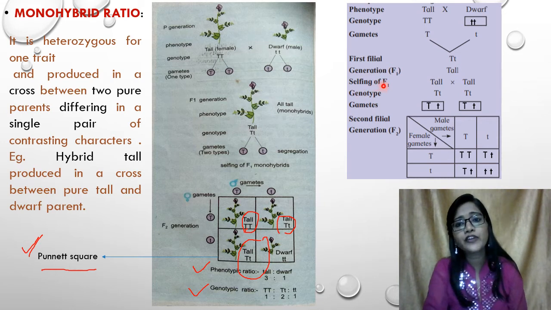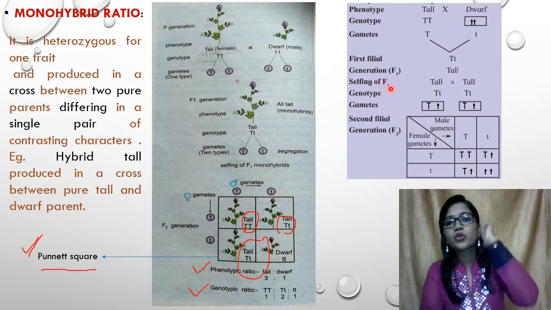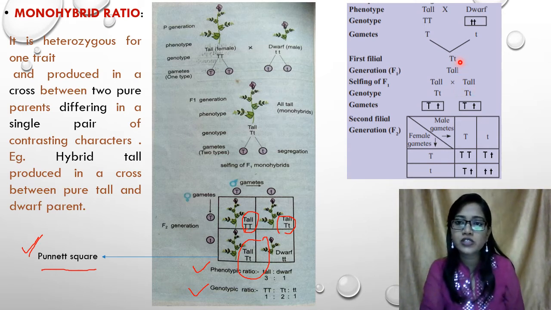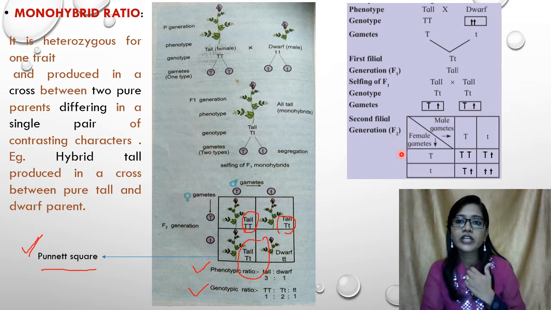So for selfing of the F1 generation to get the F2 generation, tall is crossed with tall, self-pollinated, and he got capital T, small t, capital T, small t. These are the gametes. This is the F2 generation where female gametes and male gametes are shown.